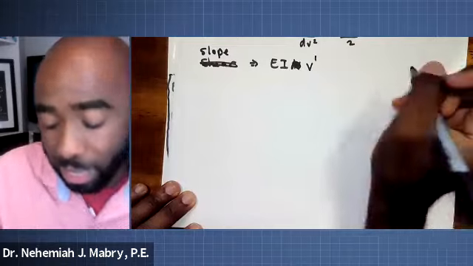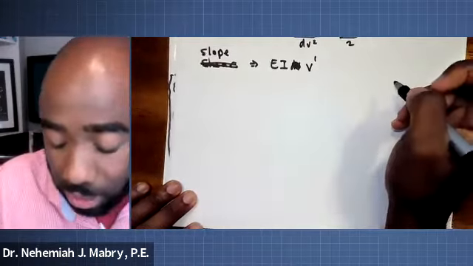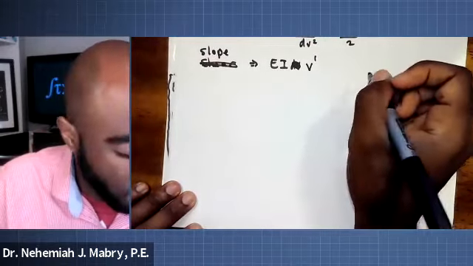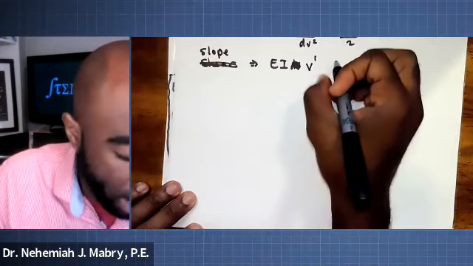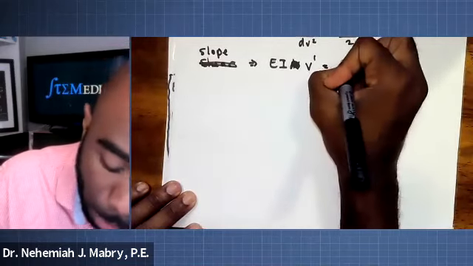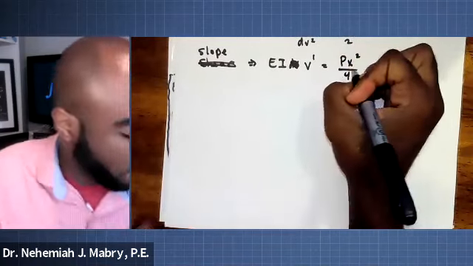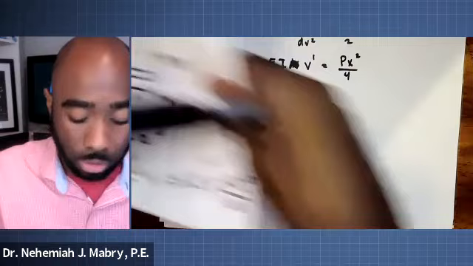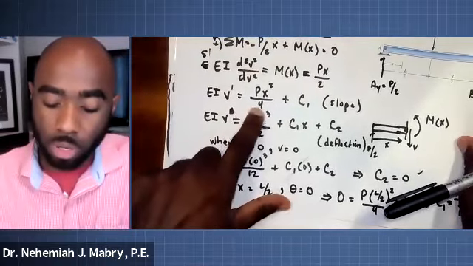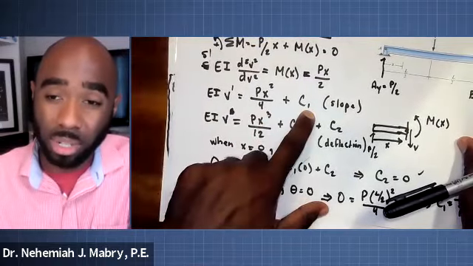Or we could say EI dV over dx, but we'll say V prime is equal to Px squared over 4, right? That's what we got here. Px squared over 4 plus C1.